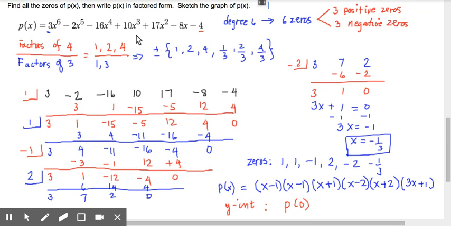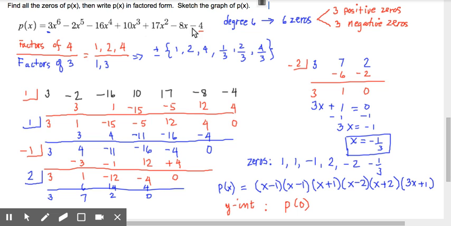So if I'm plugging in 0 for all of the x's here, this becomes 0 to the 6th, which is 0, times 3 is 0. Any number multiplied by 0 becomes 0, right? So all of these will be 0, because it's going to be negative 8 times 0. So therefore, the only thing left is negative 4.